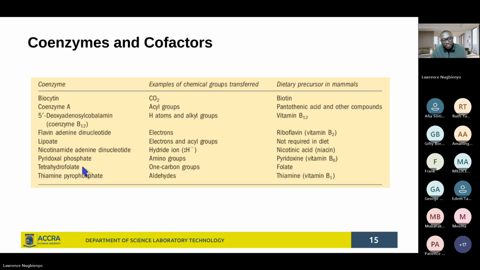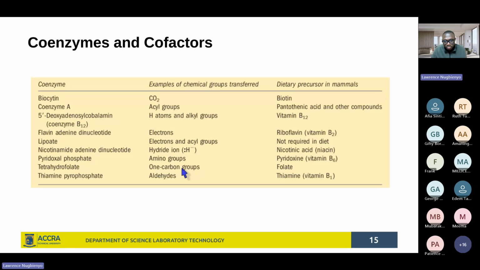Tetrahydrofolate, what you usually refer to as folic acid, here is written as folate, folic acid. You also see why folic acid is prescribed a lot, particularly for pregnant women. We'll see the function of it by the time we finish. And it's involved in the transfer of one carbon groups.